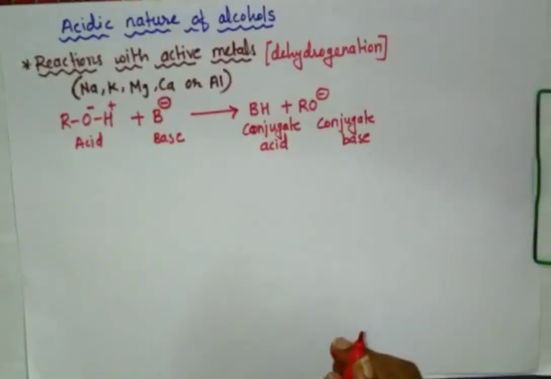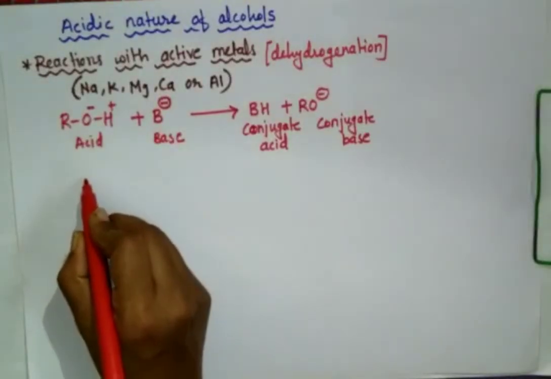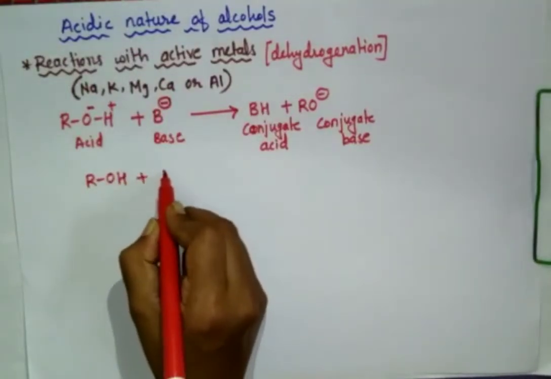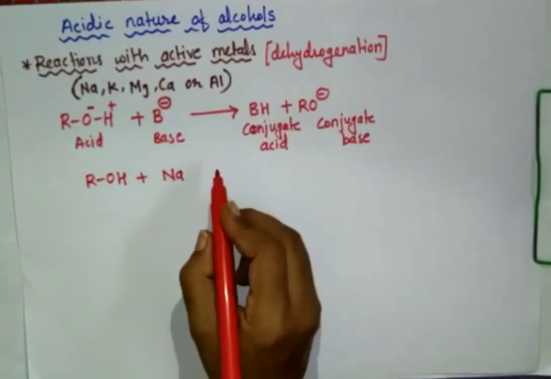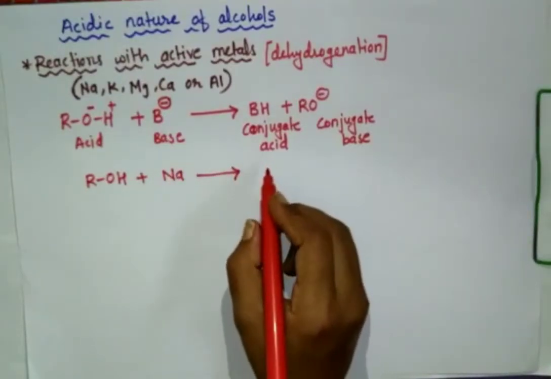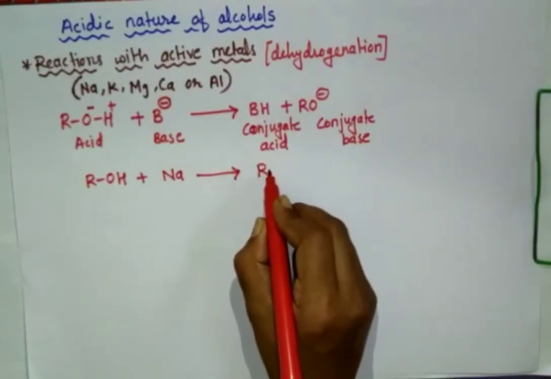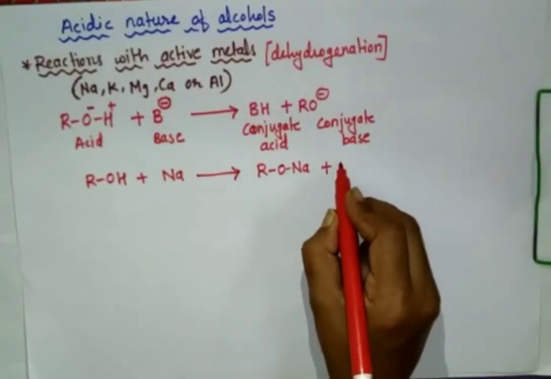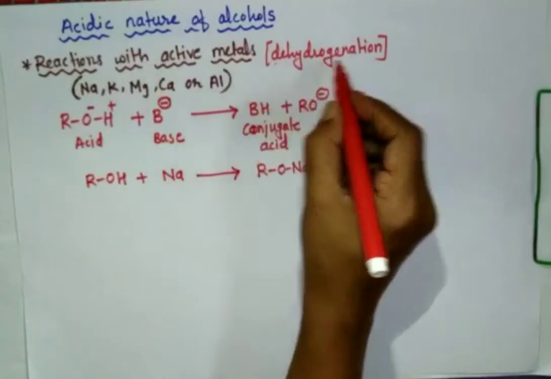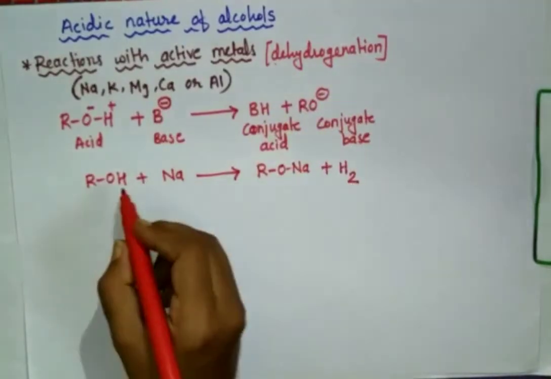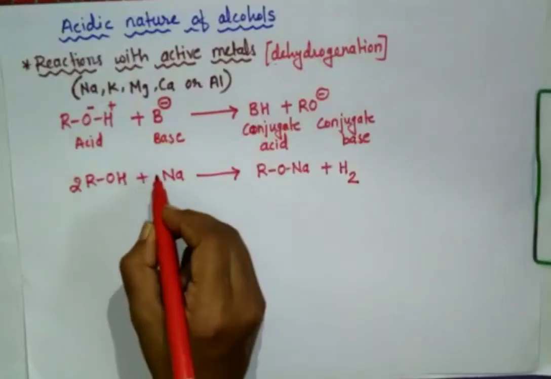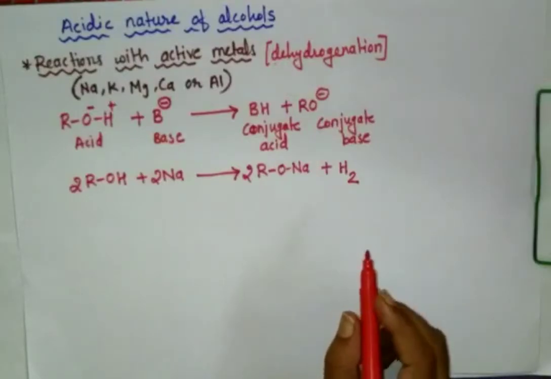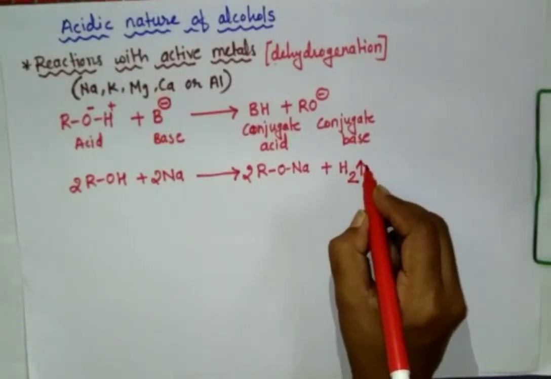So how? I will take one example. When this alcohol, that is ROH, reacts with sodium, here I am taking sodium metal, it will give sodium alkoxide formation plus, if we want to show dehydrogenation, that is removal of hydrogen, there should be 2 alcohol molecules and 2 sodium will form the sodium alkoxide, and here there is liberation of hydrogen gas.